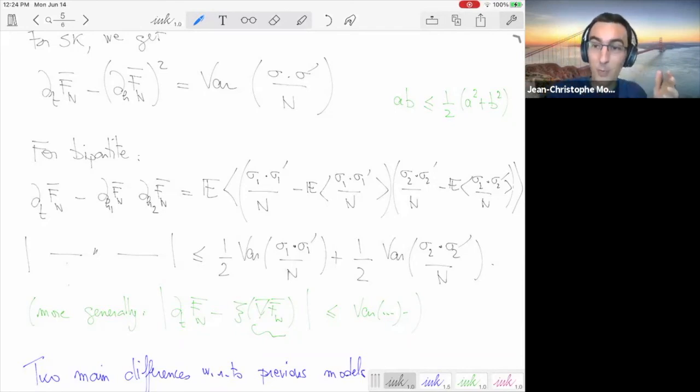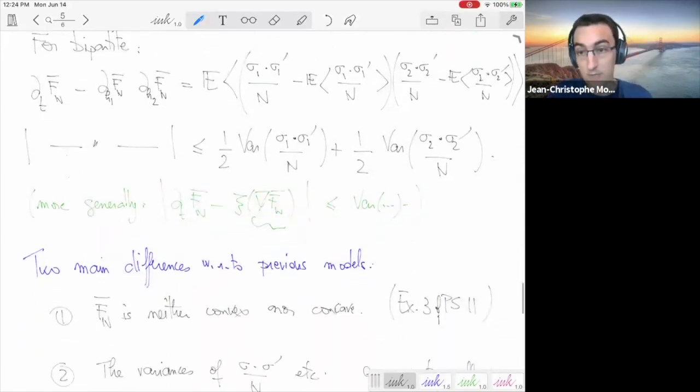So this will occupy us for quite a bit of time, but for SK, the way we're going to enrich the free energy, it is going to be convenient to encode it by a probability measure instead of this single parameter H. And so then we have a free energy which depends on t and some probability measure. Let's call it mu.